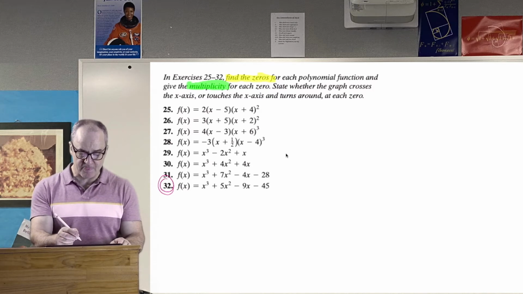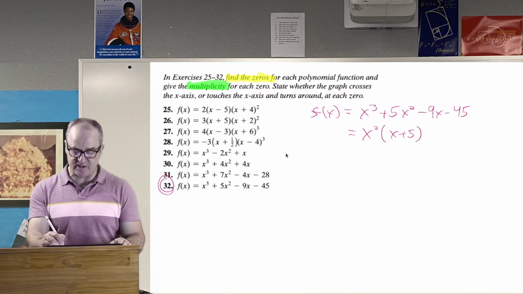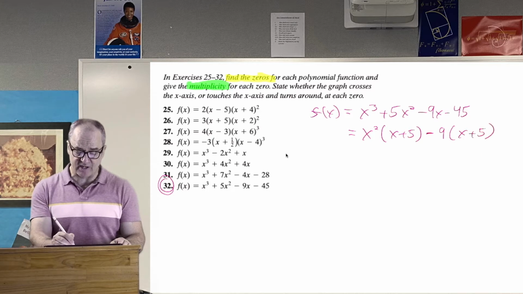I'm going to take f of x equals x cubed plus 5x squared minus 9x minus 45, and I'm going to take an x squared out of each of the first two terms, leaving me with x plus 5. Take a minus 9 out of the next two terms, also leaves me with x plus 5.